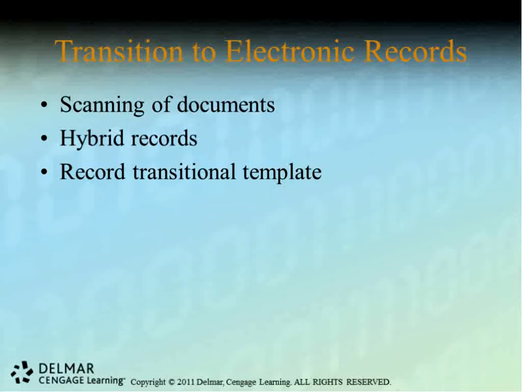If you look at page 111, figure 5.2, this is an example of a record transitional template. Basically, all it is telling you is what type of document it is, what location, and what format it is in. The basic premise is which document in your record is an electronic piece, and which document is kept as paper, because you've got a hybrid record.